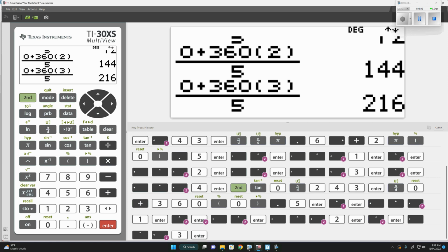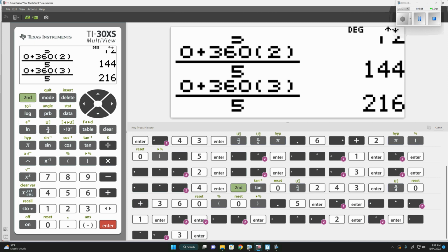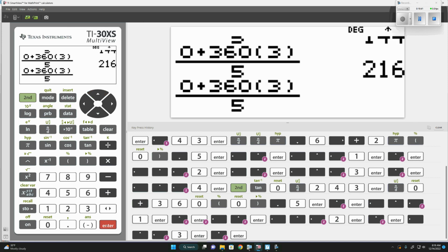Nope, I was wrong. 216. Because we're just really adding 72 each time. Yeah, that's right, because it's 5th root. And then we can do this one more time. 4, which would give us 288.